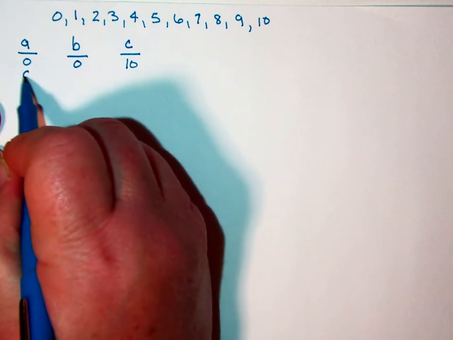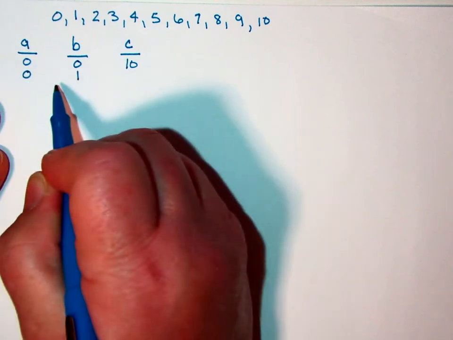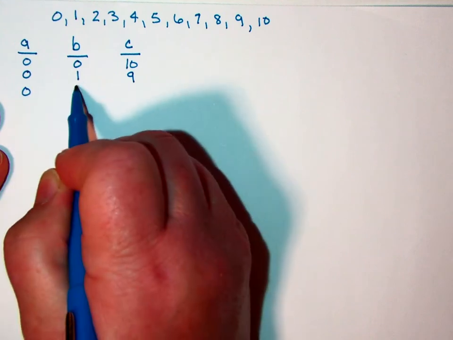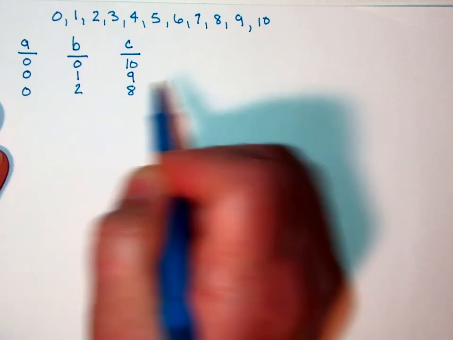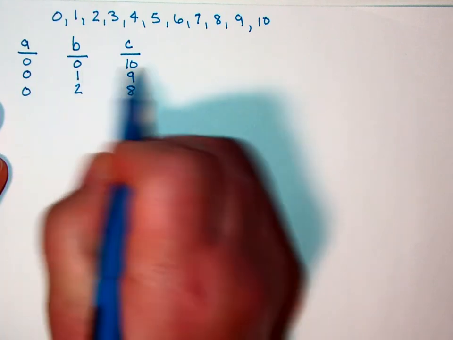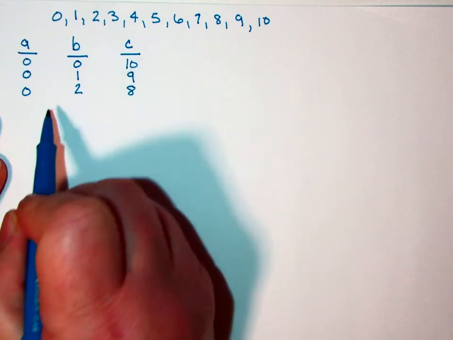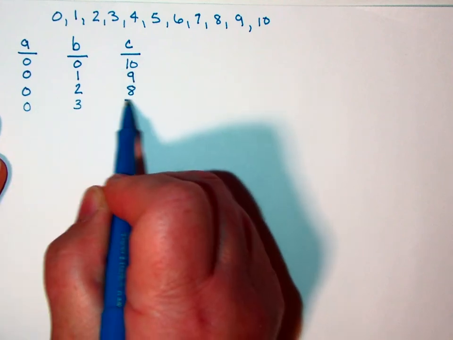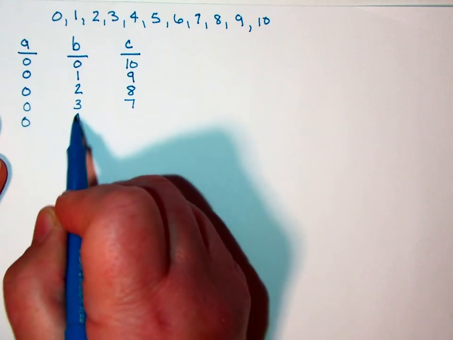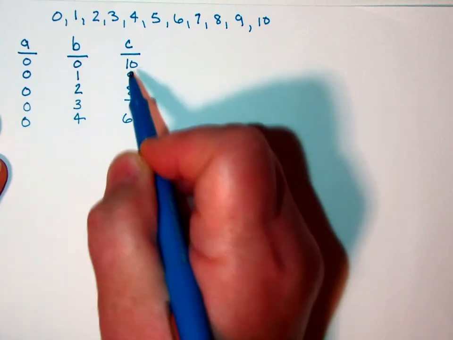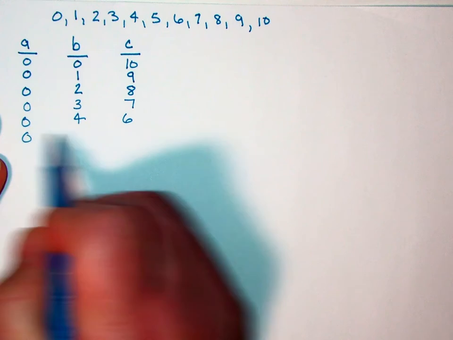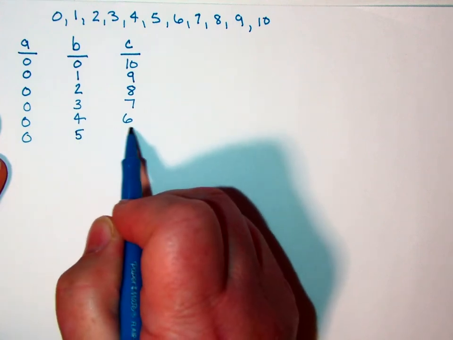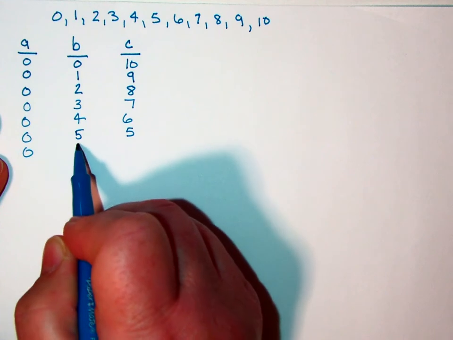Second possibility is A is 0, B is 1. So C in this case would have to be 9. If A is 0, B is 2, C is going to have to be 8. Remember, I always have to keep these adding to 10. So we can just kind of continue this way. We're not missing any possible combinations. And you can see a pattern. It makes this a little bit easier. So as B is increasing by 1 each time, C is decreasing by 1 each time.